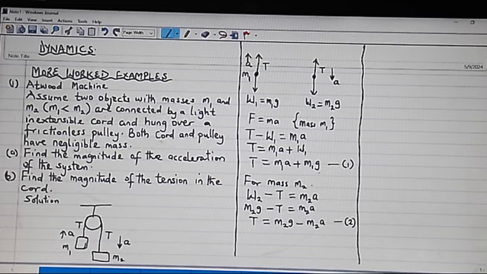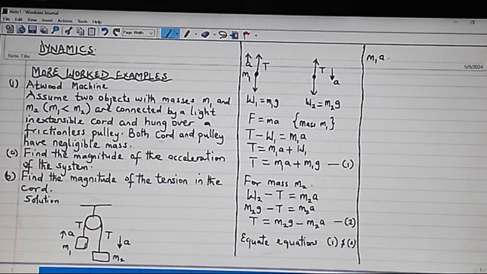Since equations 1 and 2 are expressions for tension, we can simply equate equations 1 and 2. So that is the case.